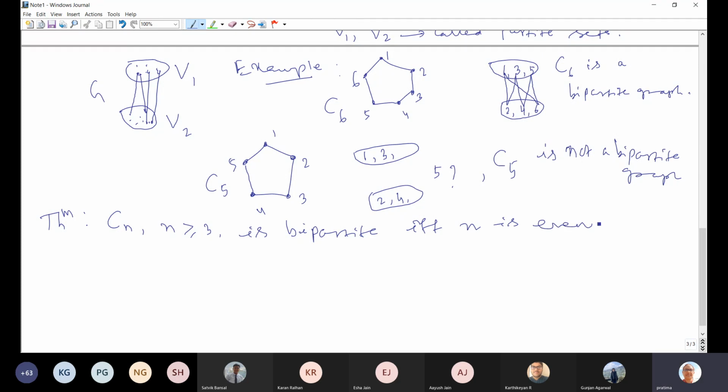If it is an even number, then you will have a bipartition. Otherwise, not.